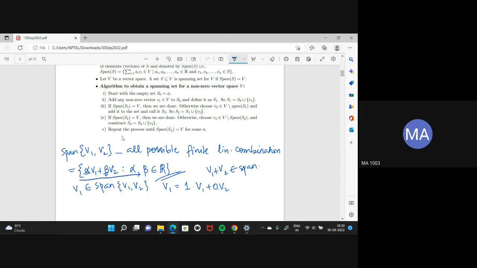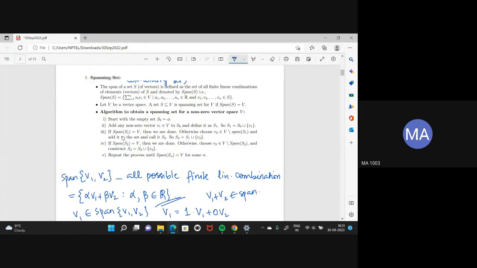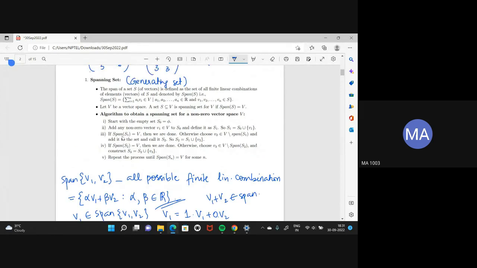V1 plus V2 belongs to the span because I put alpha equal to 1, beta equal to 1. Like that, V1 minus V2 also belongs to the set, right? So the span of a set is nothing but the set of all linear combinations of the elements that we are considering in the set.